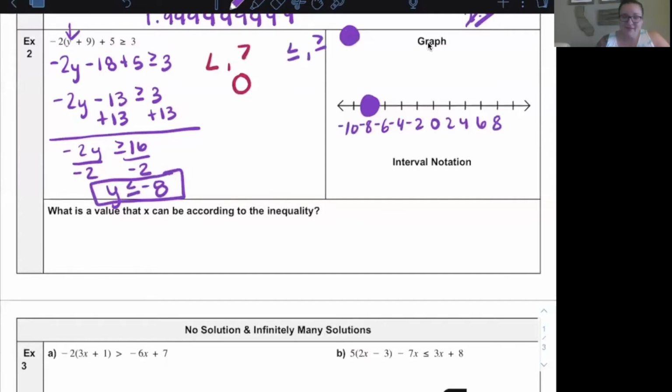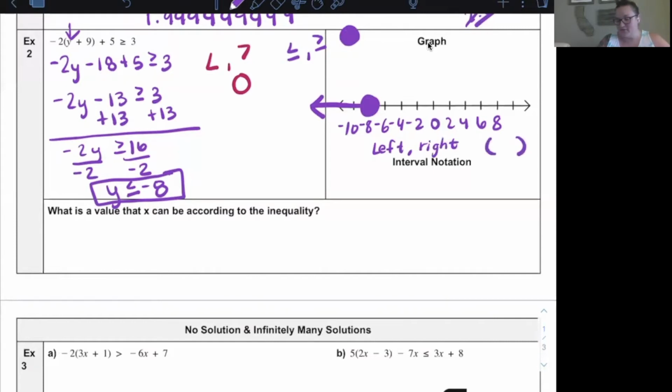Y needs to be less than or equal to -8. So we want all the numbers less than -8, which are all the numbers, again, to the left of -8. Then for interval notation, we always describe what's happening to the left first, and then what's happening to the right. We use parentheses when the number is not included.